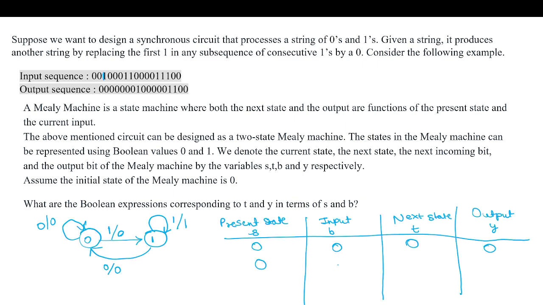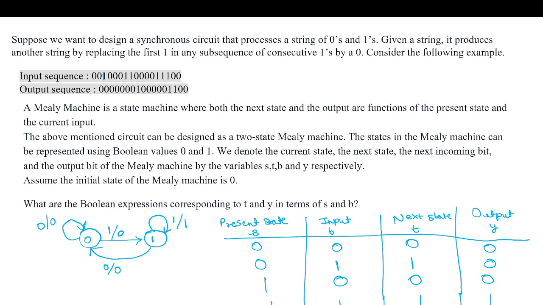If it is in 0 and the input is 1, it goes to 1, but the output is 0. If it is in 1 and gets 0, it goes to 0, output is 0. If it is in 1 and the input is 1, it stays 1, output 1.